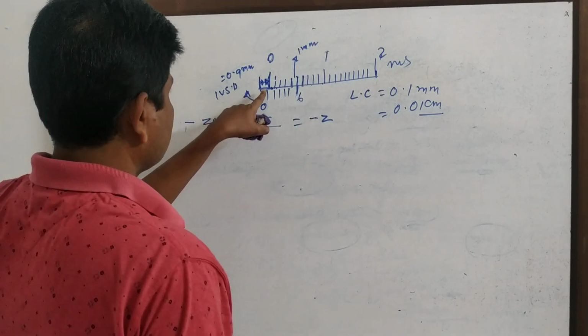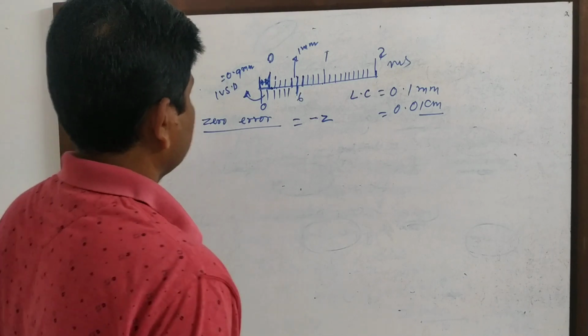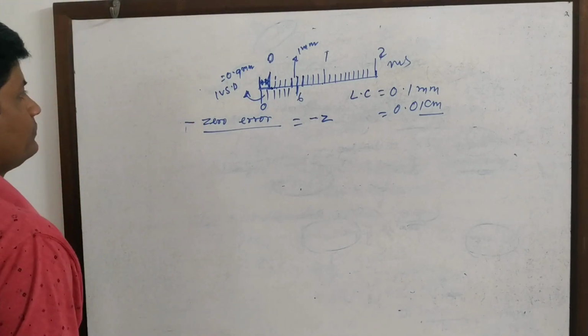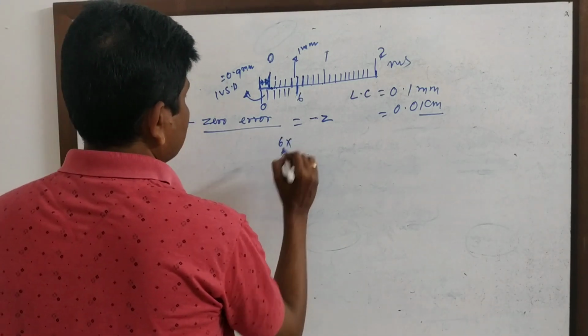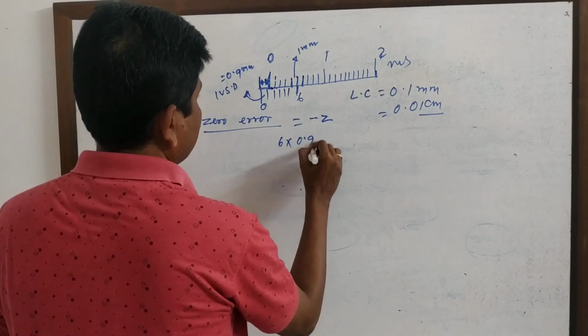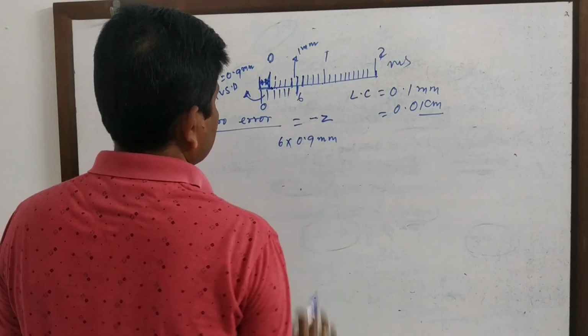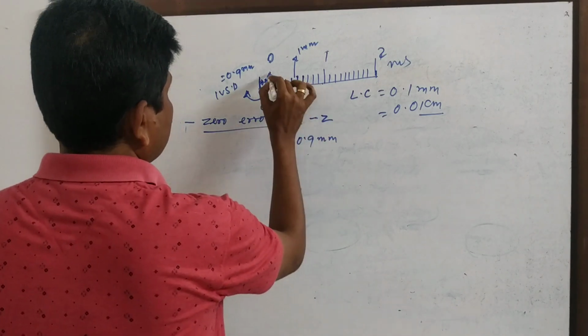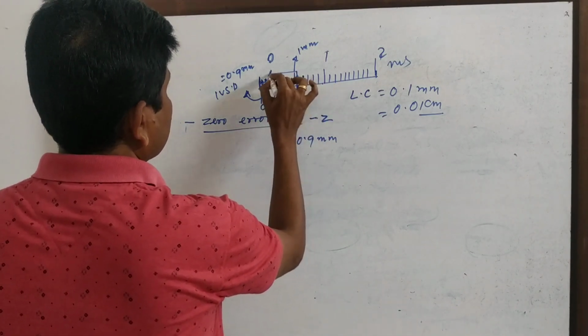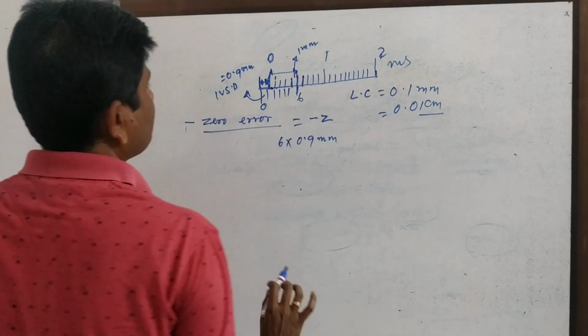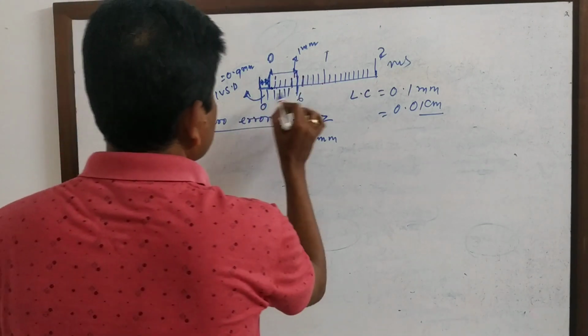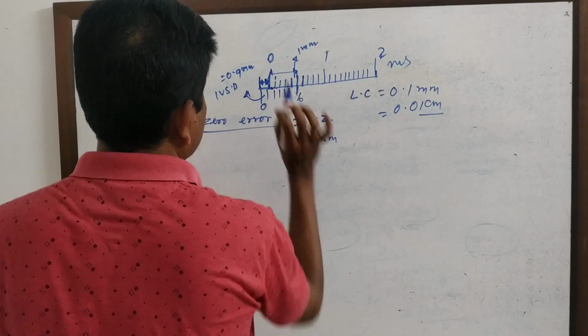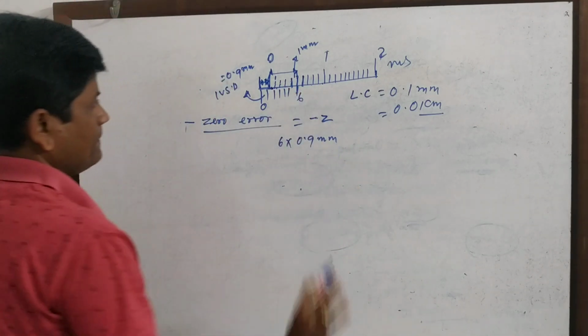In that case this much amount will be 6 into 0.9 mm, minus this length. This length is 1, 2, 3, 4, 5, okay, 5.